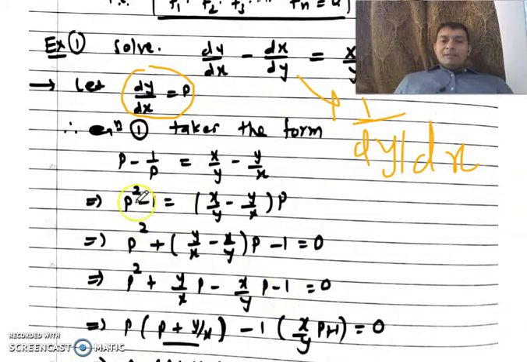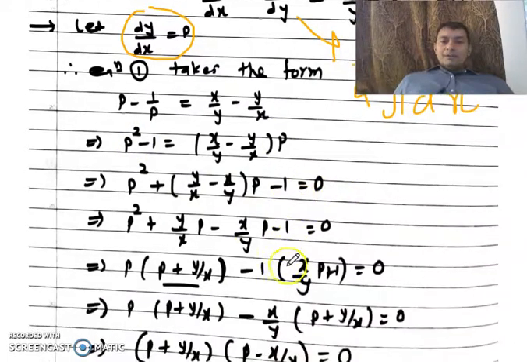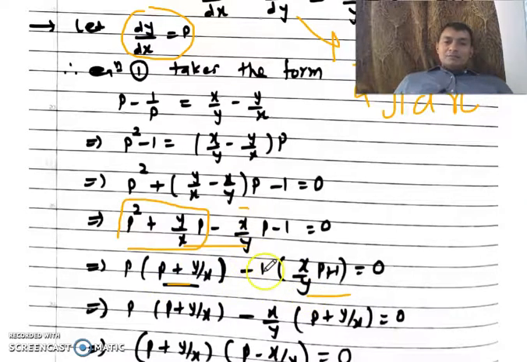Here you can write p squared plus p minus 1 equal to 0 in this way. Now take p as common, and what we have is p plus y/x as the remainder. But before that, let us assume that minus is common: x/y into (p plus y/x) is equal to 0.